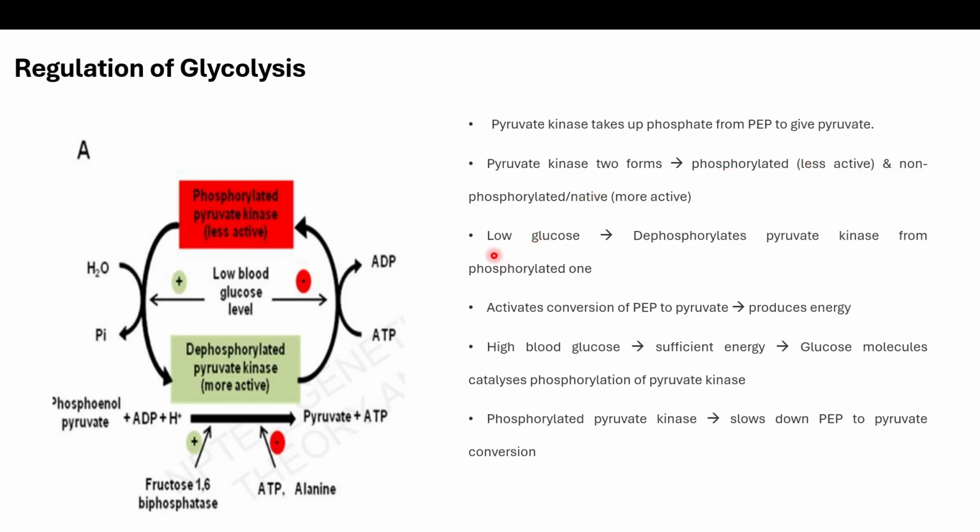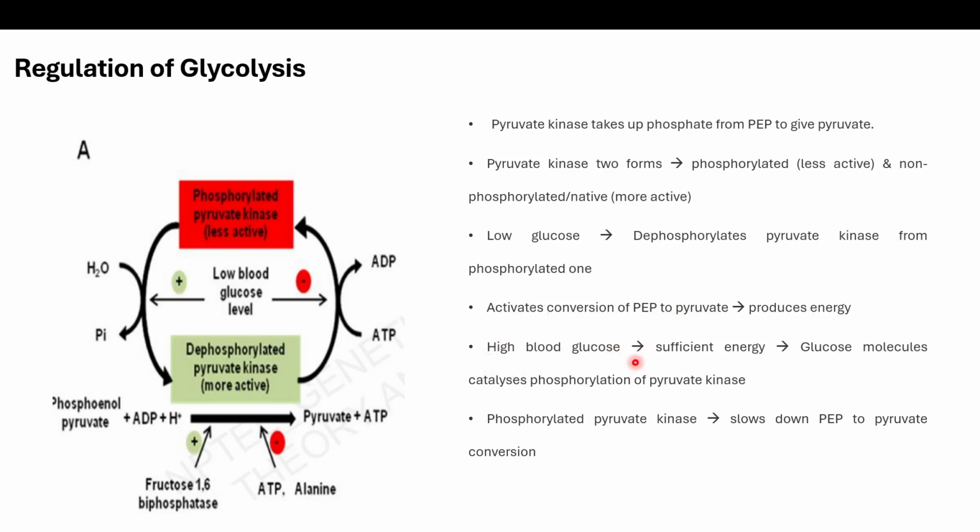Now, when there is low glucose, the pyruvate kinase is dephosphorylated from the phosphorylated form, and then it becomes more active. So it activates the conversion of PEP to pyruvate and produces energy, right?